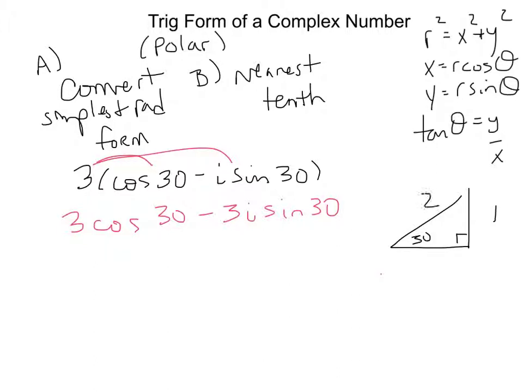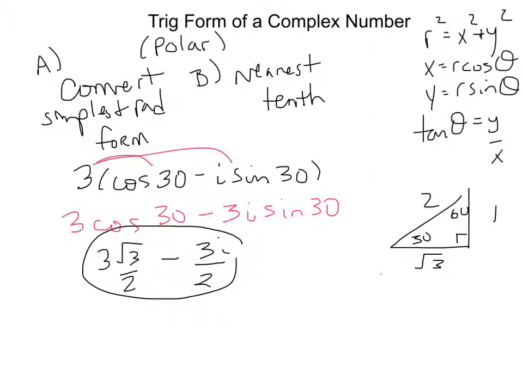So it's 1, 2, root 3. That's 60. So the cosine of 30 is root 3 over 2. It's 3 times that, so I'll put a 3 out front. Minus sine of 30 is 1/2. So this would be 3i, and the sine of 30 is 1/2, so it would be over 2. So this would be part A, simplest radical form.